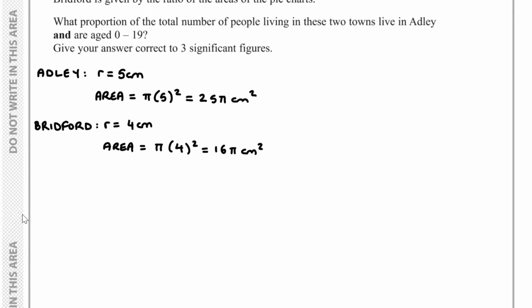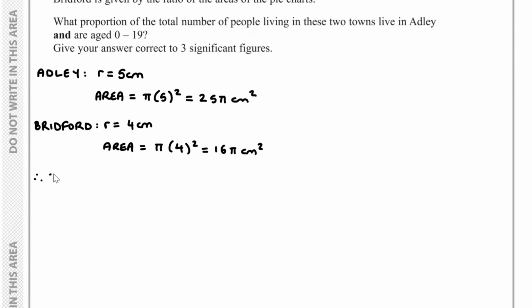Now, we're questioning the proportion of the total number of people living in these two towns who live in Atley and who are aged 0 to 19. So the total number of people will be given by the sum of the two areas.